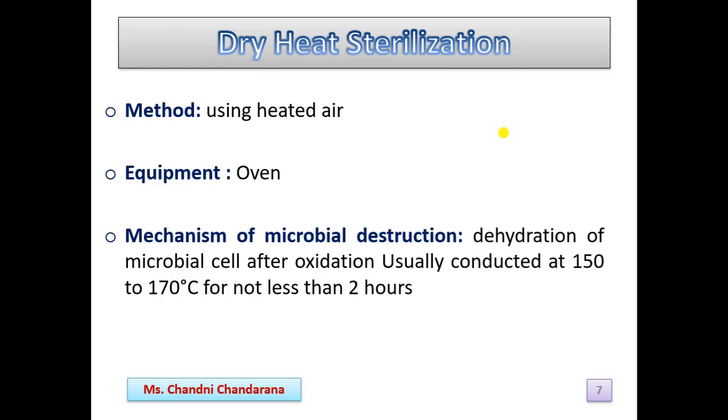Now dry heat sterilization means what? It is carried out by conduction. The heat is absorbed by the exterior surface of an item, and after that it passes inward to the next layer.